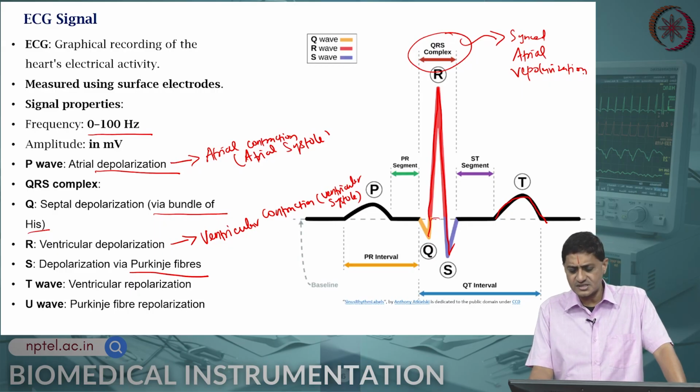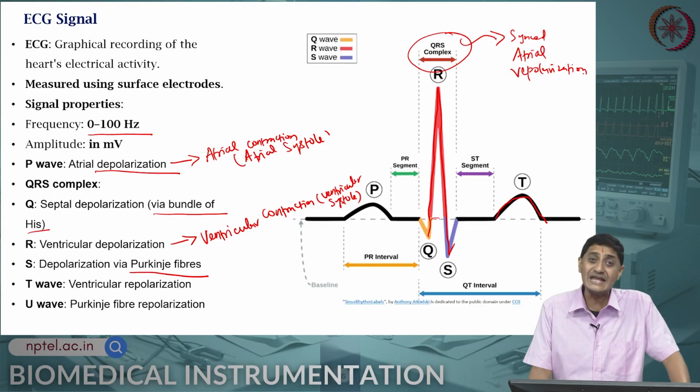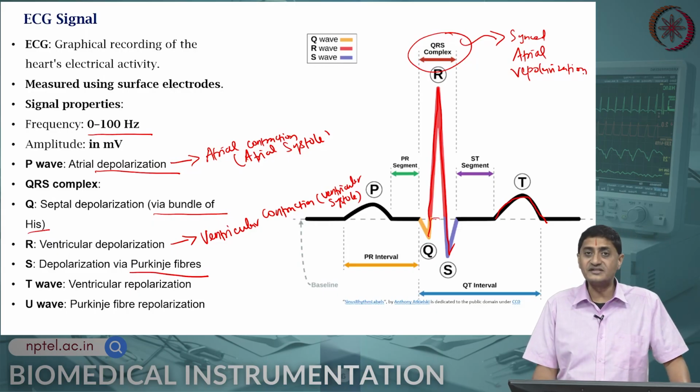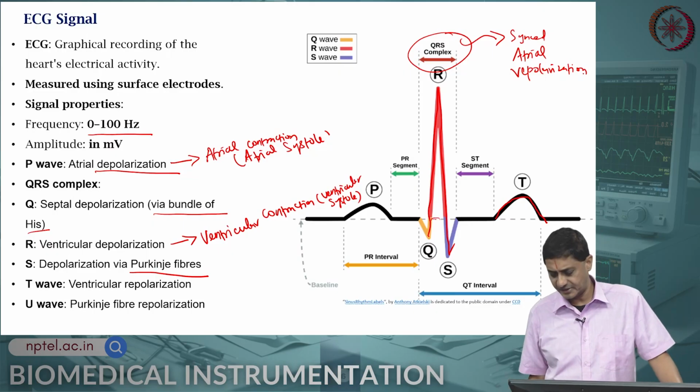Now, another question that comes is, why do the depolarization of ventricles and the repolarization of ventricles both have positive amplitude in this graph? That is a question. We will come back to that in a little bit.